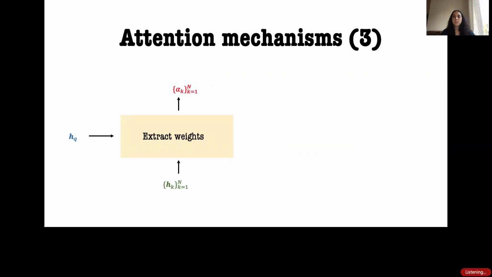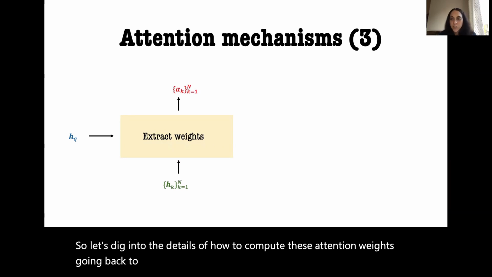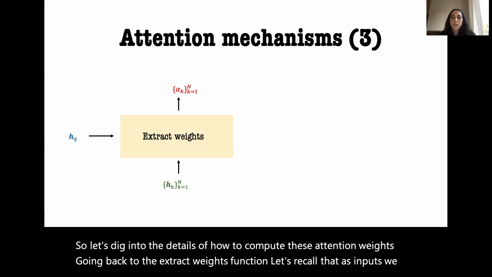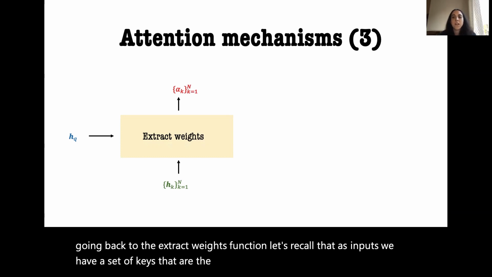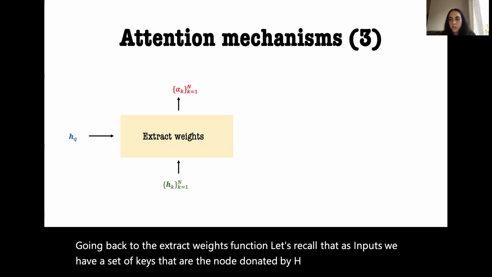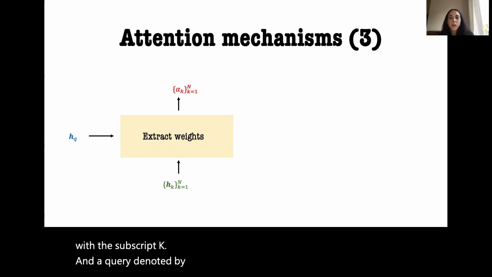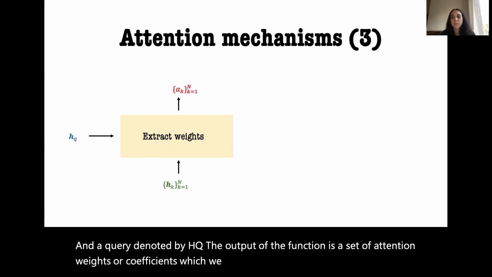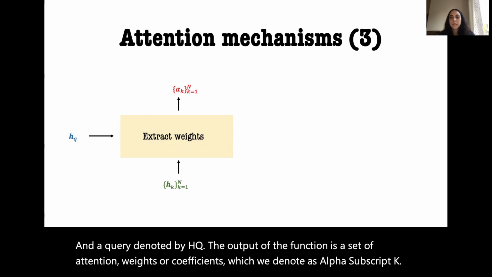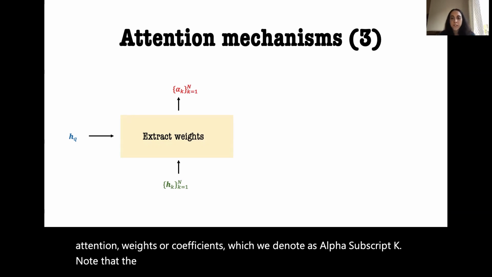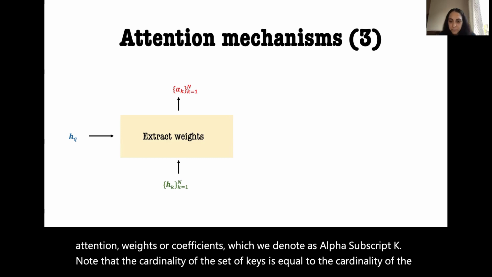Let's dig into the details of how to compute these attention weights. Going back to the extract weights function, let's recall that as inputs, we have a set of keys that are denoted by h sub k. We index with the subscript k, and a query denoted by h_q. The output of the function is a set of attention weights or coefficients, which we denote as alpha subscript k. Note that the cardinality of the set of keys is equal to the cardinality of the attention weights.